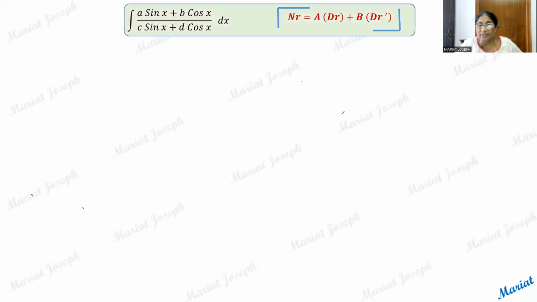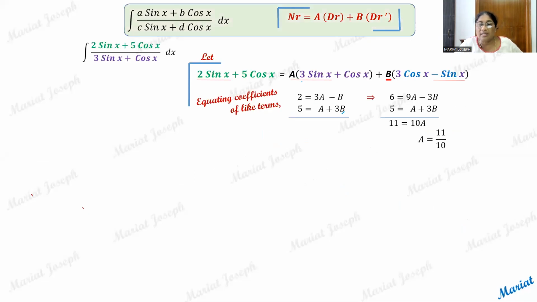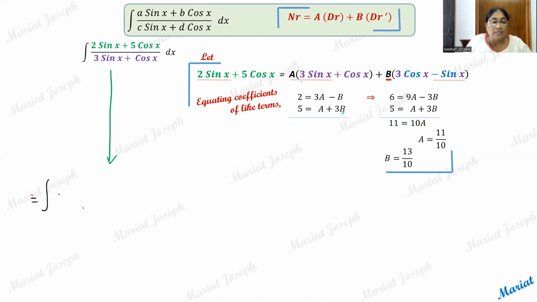What is the use of it? Look, we have solved and got the values. a is 11 by 10, b is 13 by 10. So this numerator is going to be rewritten now. This integration we are going to make new. Integral, the denominator is the same, 3 sin x plus cos x, this we keep as it is.